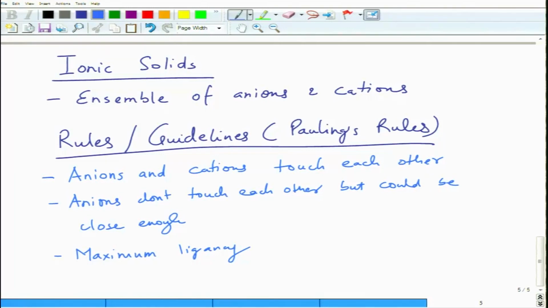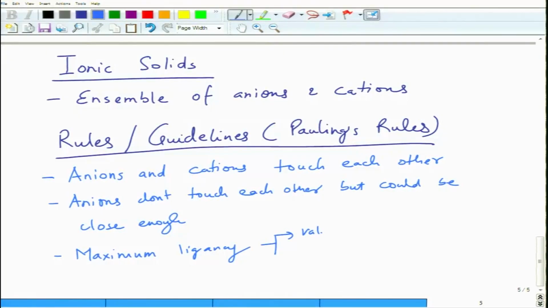If you surround the cations by anions or anions by cations, there are more neighbors, and the electrostatic energy is going to be minimum because they will attract each other. However, it is not all that simple, because valence plays an important role and size plays an important role. So this is determined typically by valence and size, and then you need to maintain the electrical neutrality.